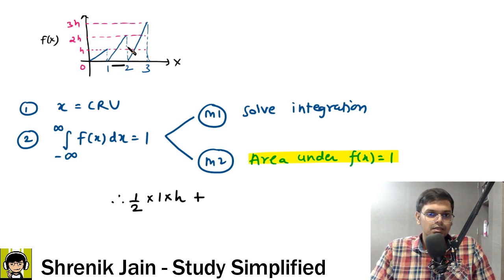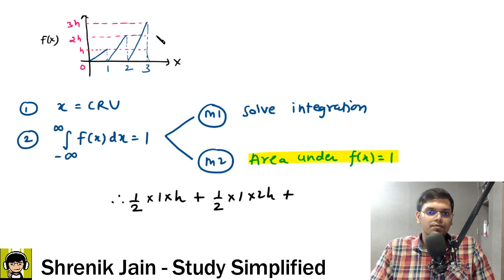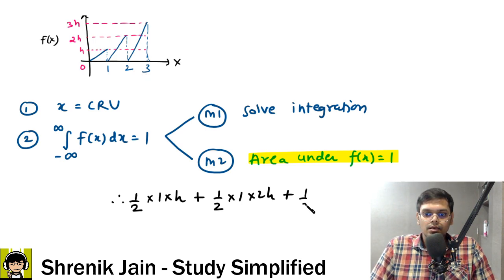Sir, half base into height. So sir, base is 1 and height is 2h minus 0, 2h. So base is 1 and height is 2h. Plus if I check the third triangle, then the base is 1 and the height is 3h minus 0. So height is 3h. So base is 1 and height is 3h, that is equal to 1.